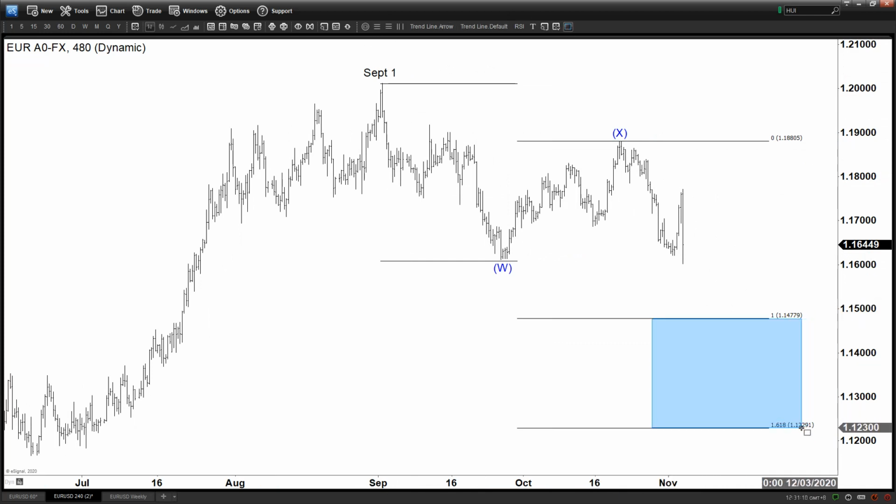But if this is corrective, if this is only 3 waves, that suggests that this again is only a corrective structure, and therefore from here, if we reach here, we can get buyers who either go to a new high or at least bounce in 3 waves. So that's the idea.